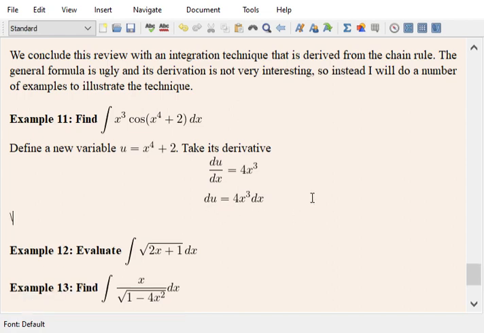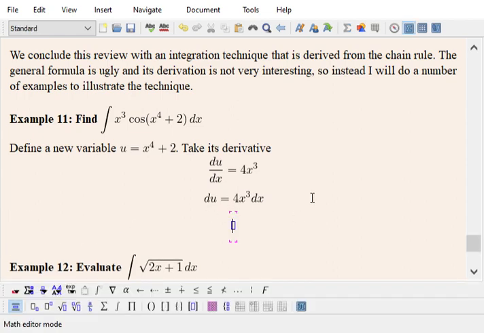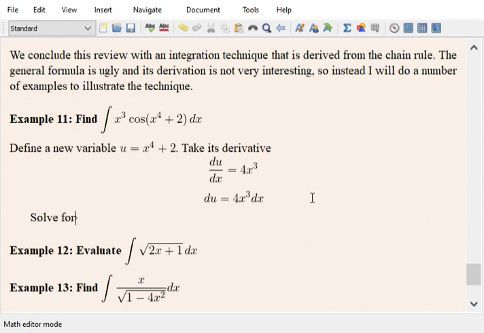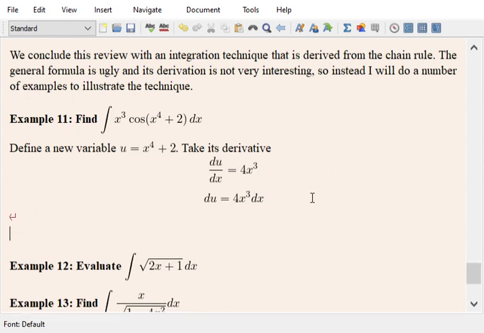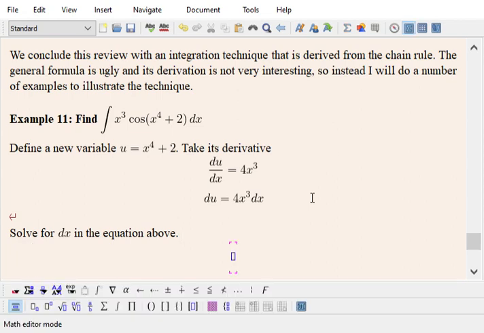And then I'm going to solve for dx in the equation above. So if we solve for dx, well, we're just dividing both sides by 4x cubed, like so.